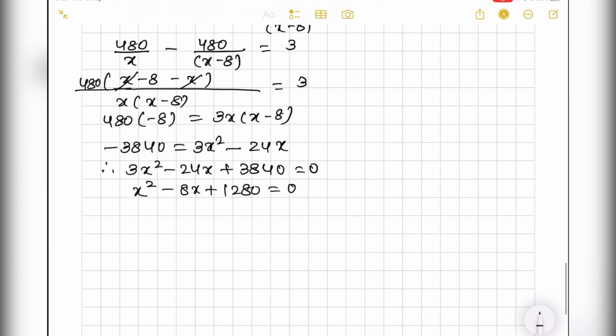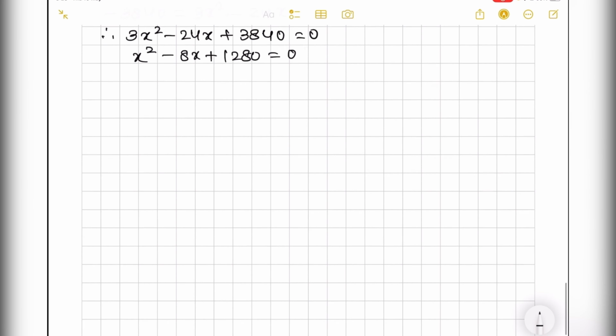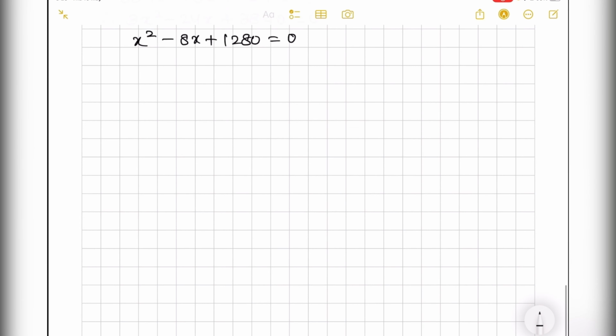Now, before the second exercise, let us revise one more time. What are we supposed to do? We have to solve the quadratic equation by splitting the middle term. So, let us take one example. You remember splitting the middle term.